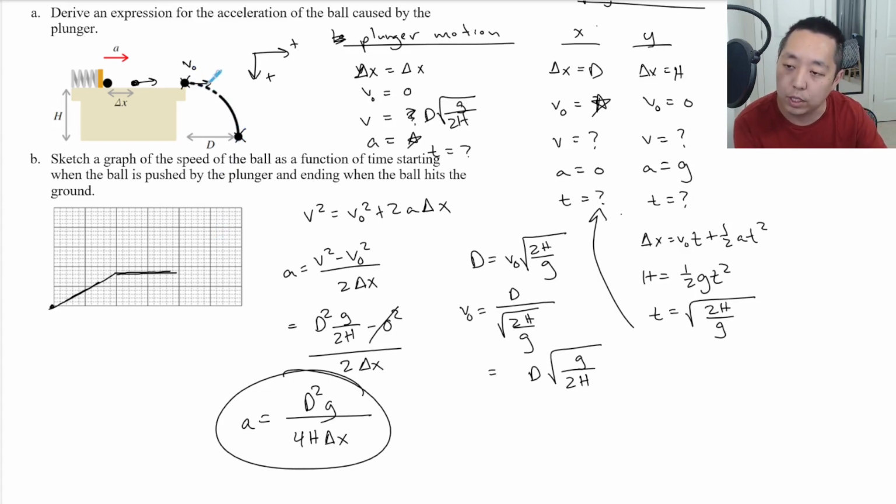Well, the horizontal speed will be constant, but the vertical speed will increase. So if I look at the total velocity, which would be the square root of vx squared plus vy squared, that's the speed. This is a constant, and this increases, so it should go up kind of linearly, I guess.